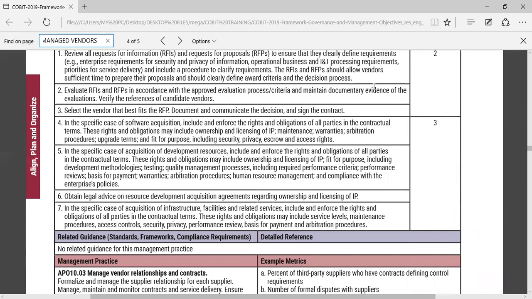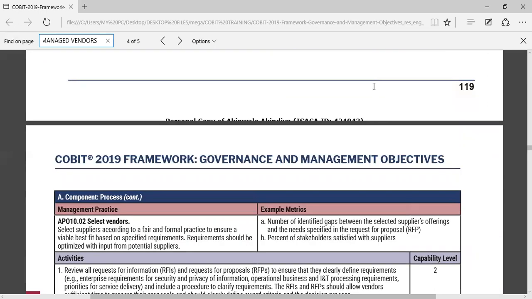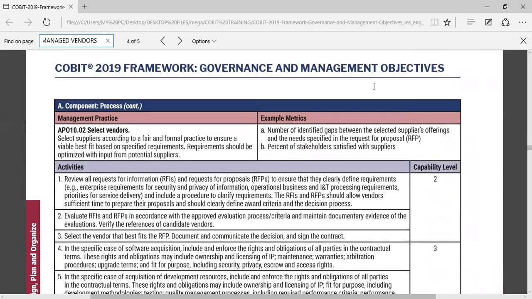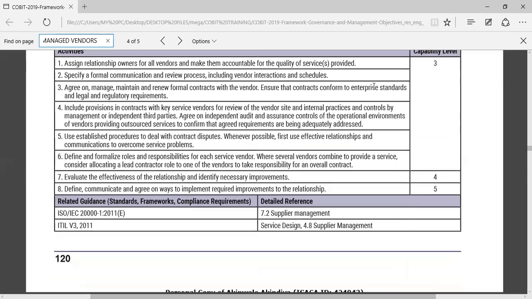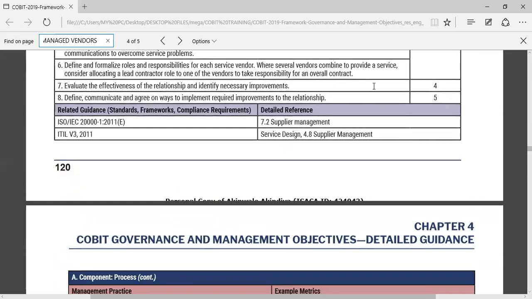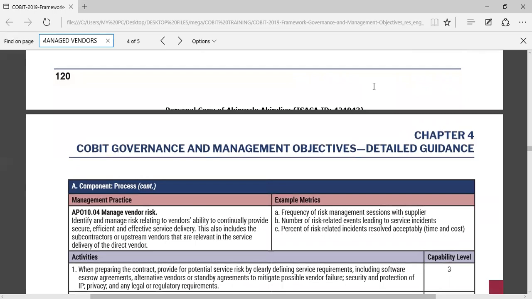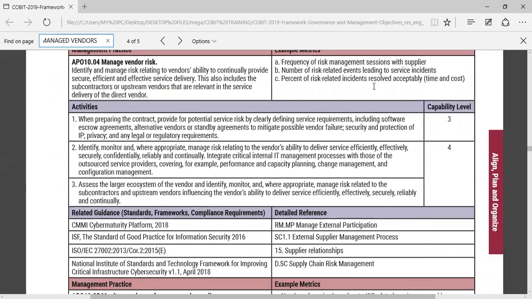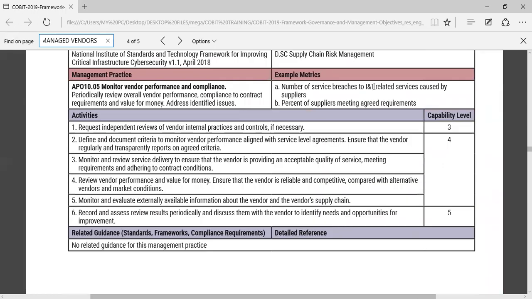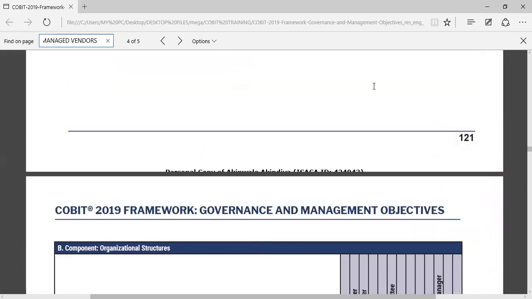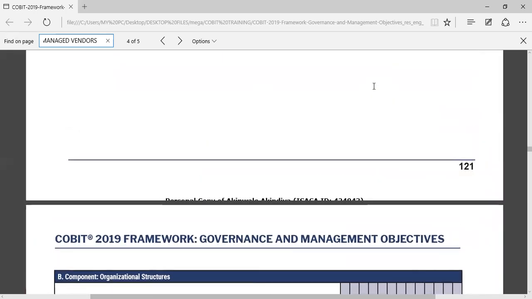So you as a management staff of your organization, or an IT staff in your organization, how far have you gone in the implementation of all these management practices and activities? And that is not all.